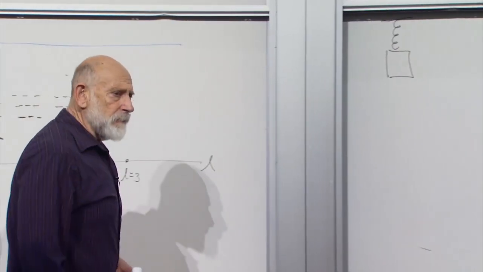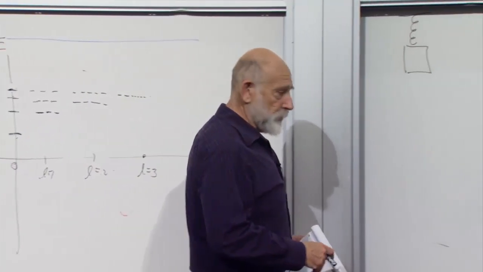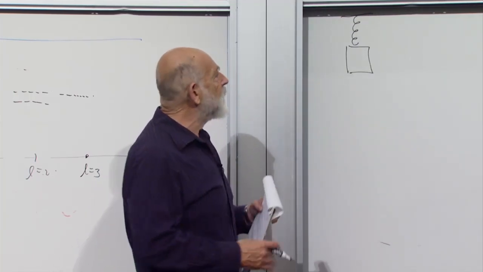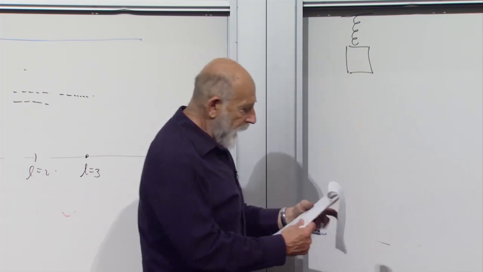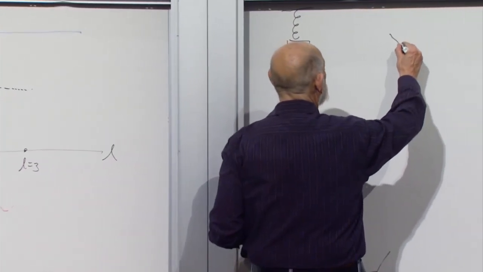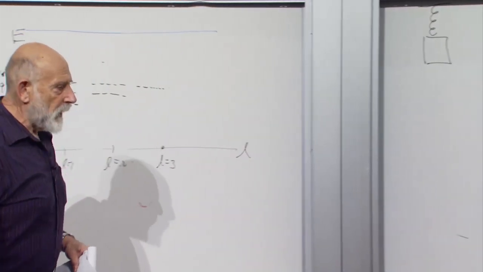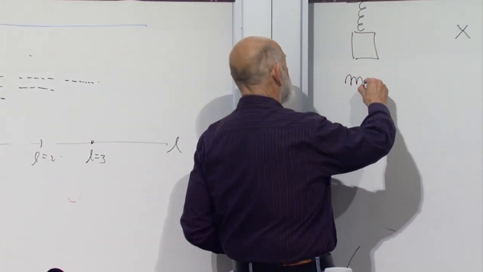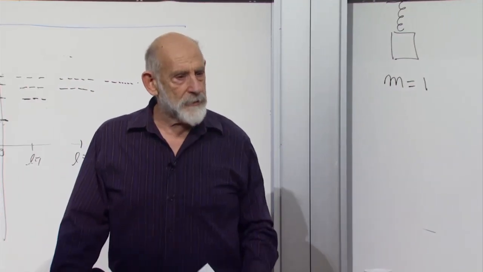It has an equilibrium position, and the deviation from the equilibrium position, not the deviation from where it's hanging, but the deviation from the equilibrium position, we'll call that x. I'm going to take the mass of the weight to be 1. Now we can redo it for other masses.